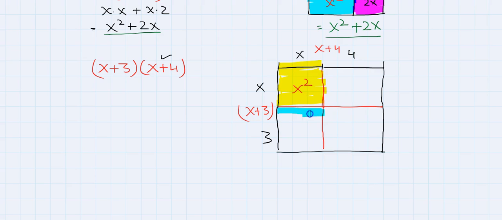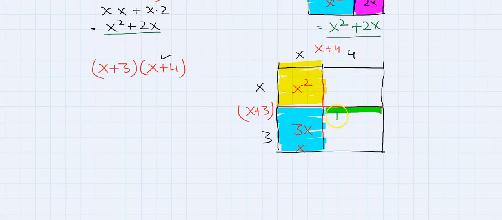Now this area, we know that this is 3 and this side is x. So 3 multiplied by x is 3x.